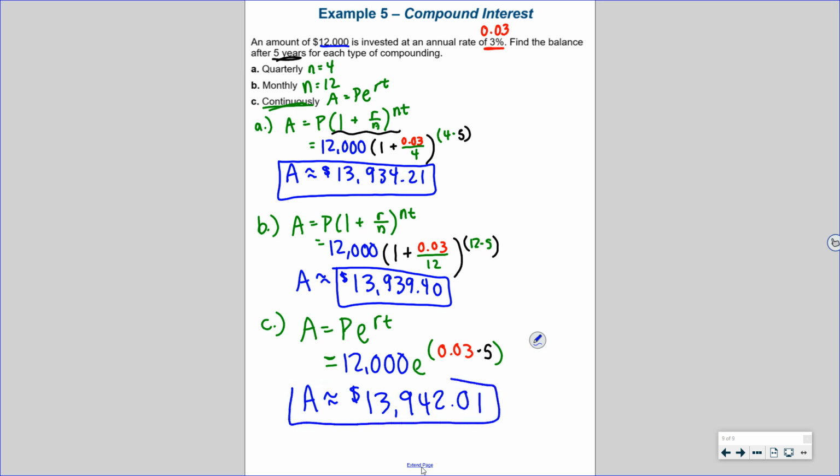I mean, you could do it daily, see what you get, but that's just a really common exponential application problem, and also a good application of when Euler's number is used in real life. Okay, that's a wrap on the notes. I'm going to stop the video.